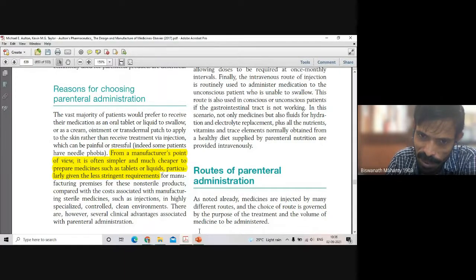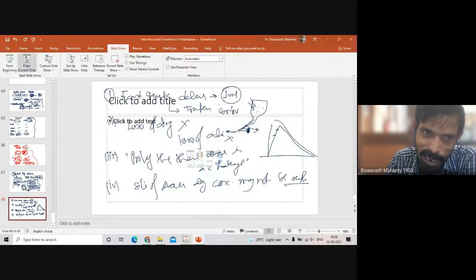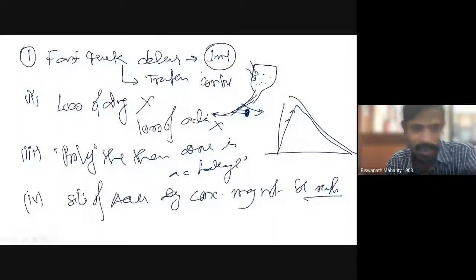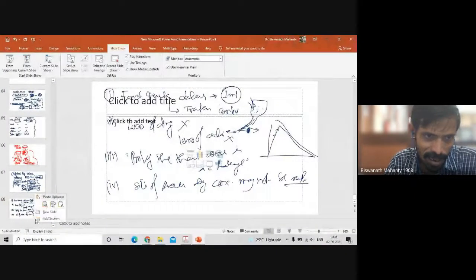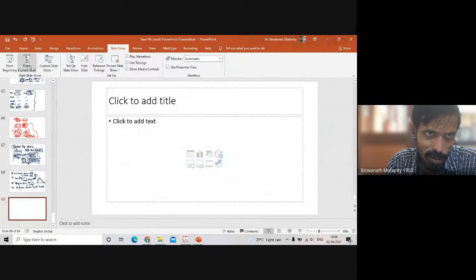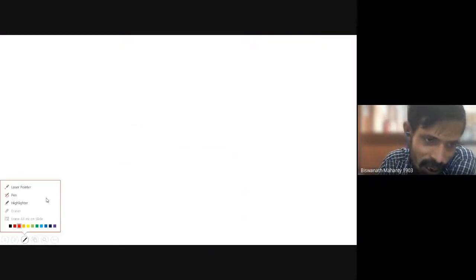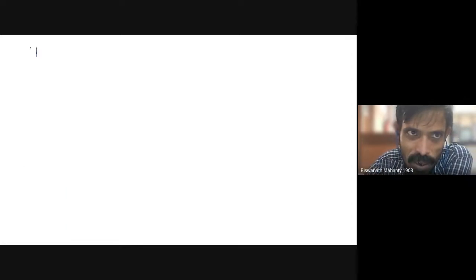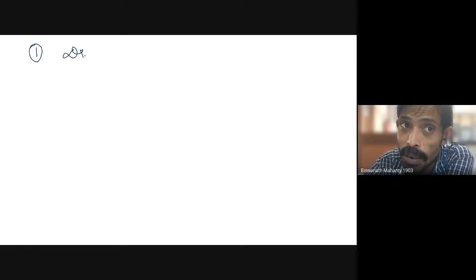The first precaution is that whenever I am using a parenteral, it should have some quality criteria. I can specify right now, maybe later on we can discuss further. What is the minimum quality of the parenteral formulation? What cross check should you have? First cross check is that drugs should be completely dissolved.